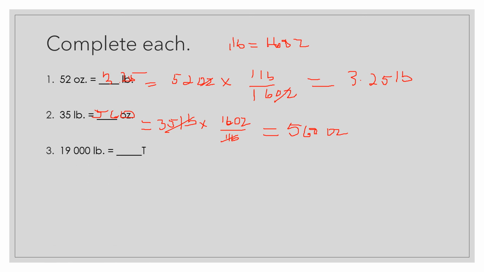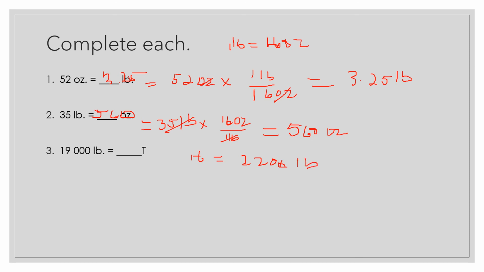Next, number 3, we have 19 pounds equals how many tons? So, we know that for 1 metric ton, or 1 T, the small t, that's about 2,200 pounds.